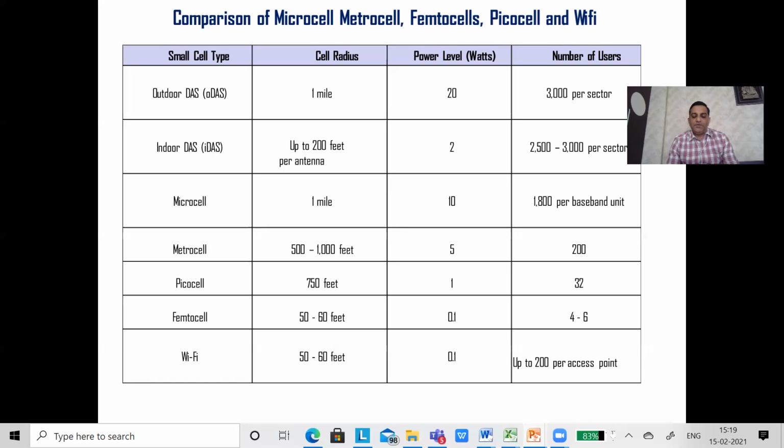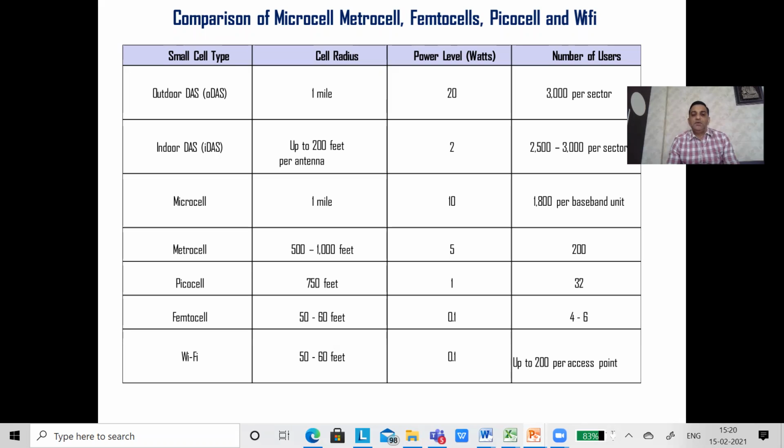Due to its high transmission power, it can be used for smart cities and smart metro applications requiring larger coverage. So the metro cell basically has 500 to 1000 feet of cell radius, the transmission power is 5 watts, and it provides services to 200 users.